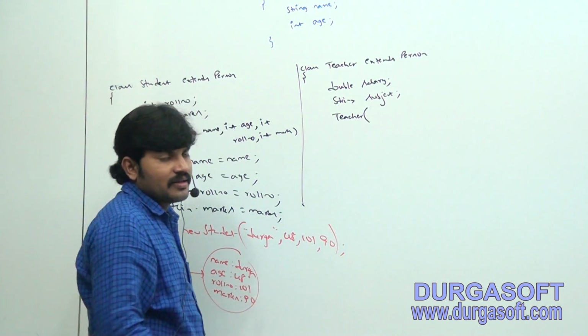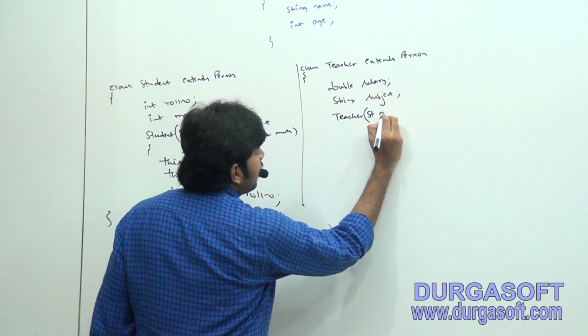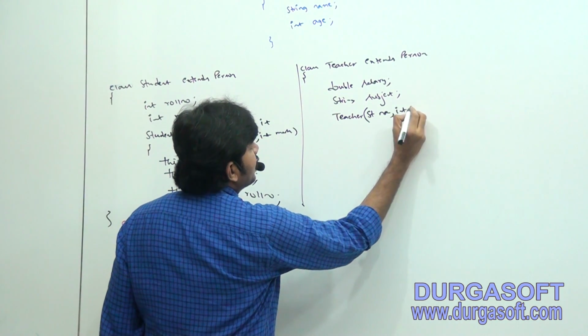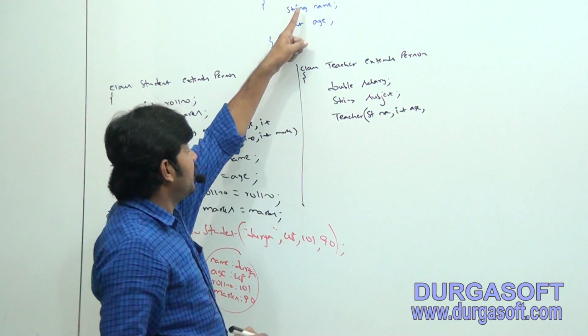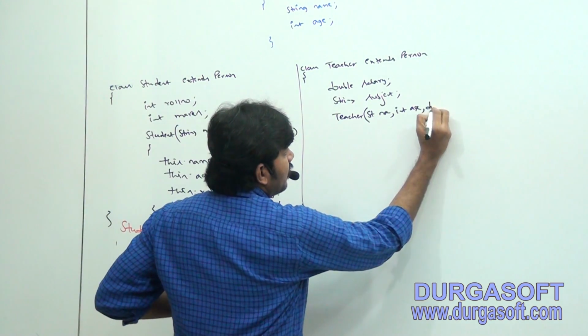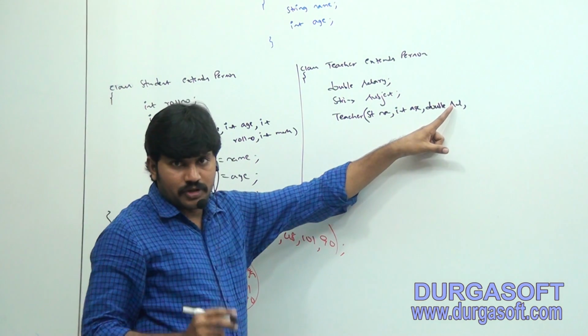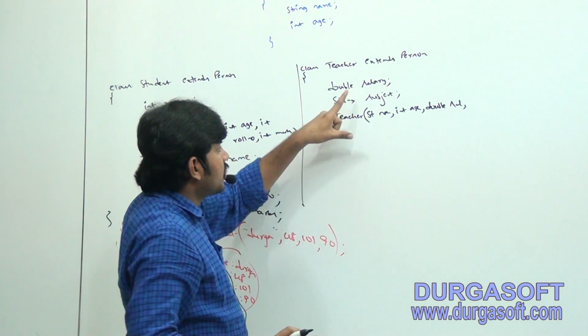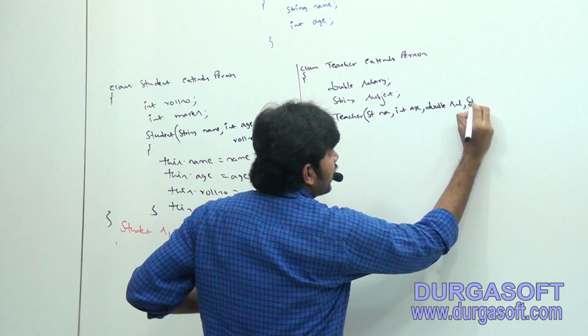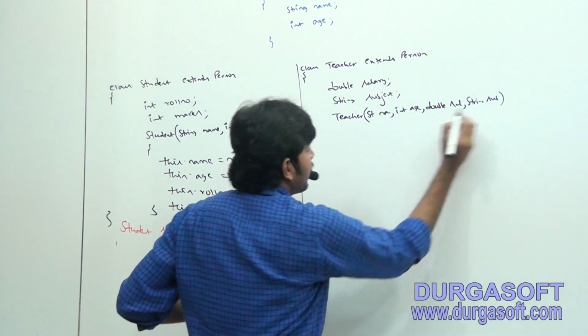Now here are your constructors: Teacher of string name, int age, and double salary, string subject. Sir, observe, I am using short words. I hope you can understand.